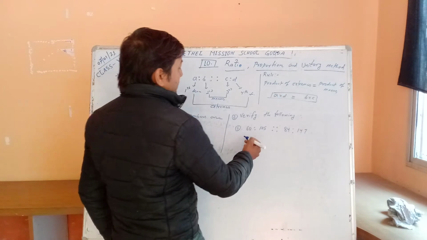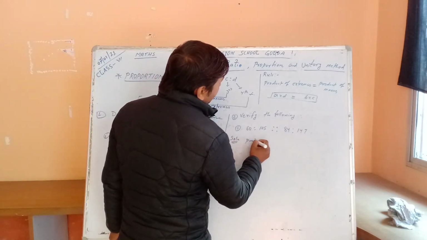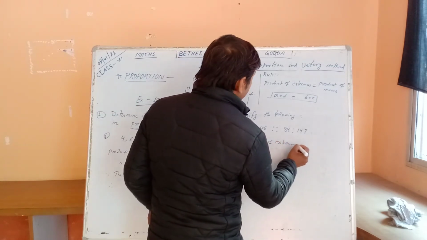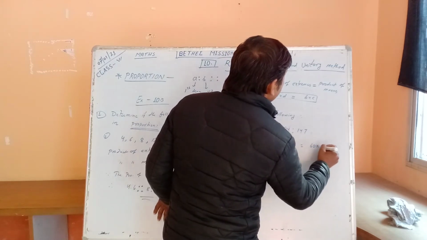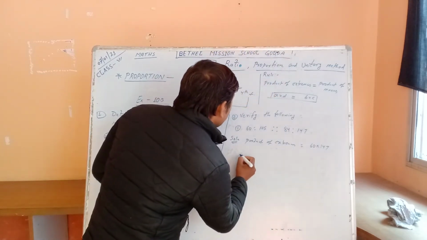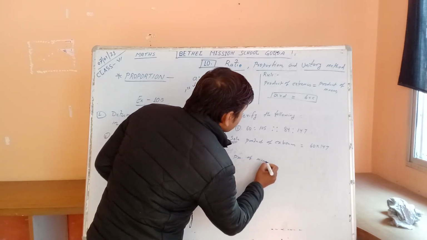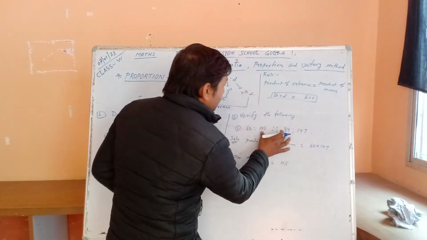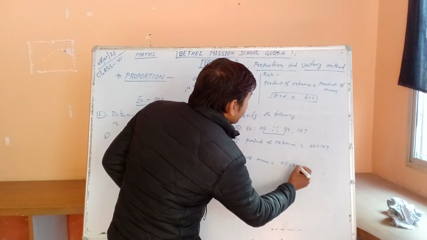Okay, so in the solution you will write the product of extremes, 60 into 147, and then the product of means, this is 105 into 84.